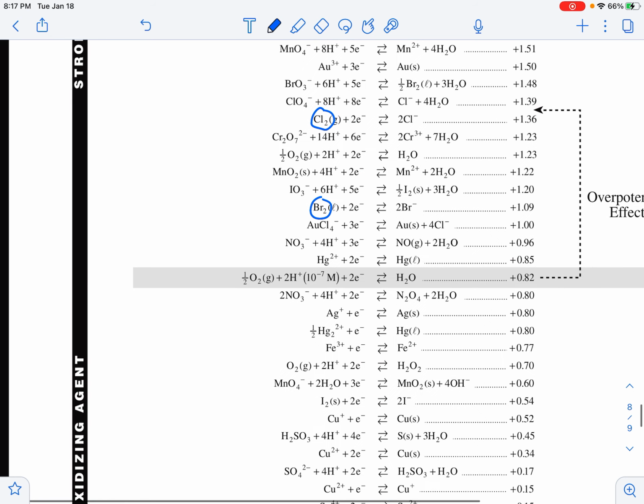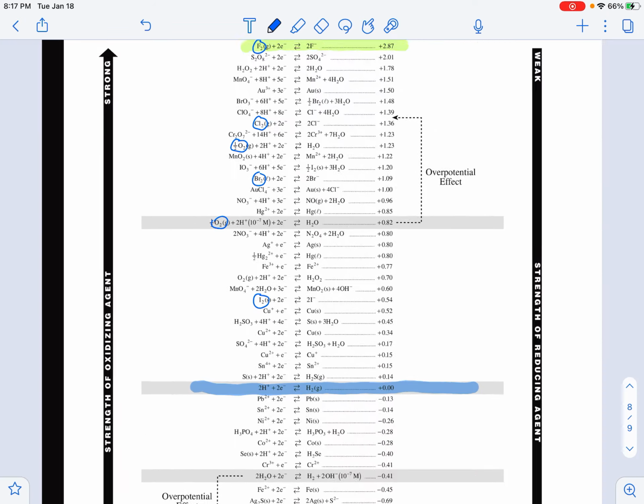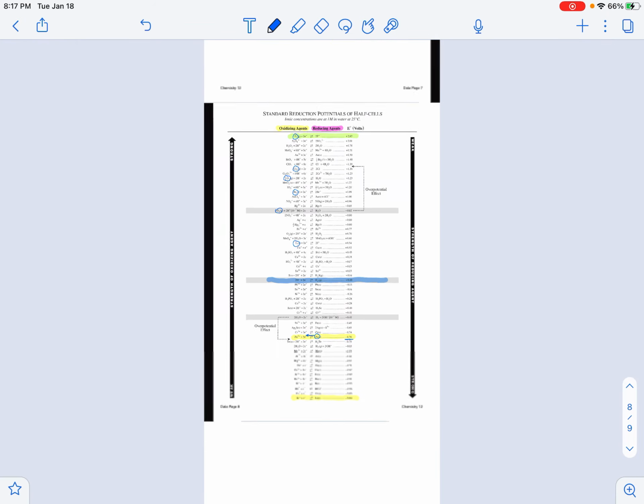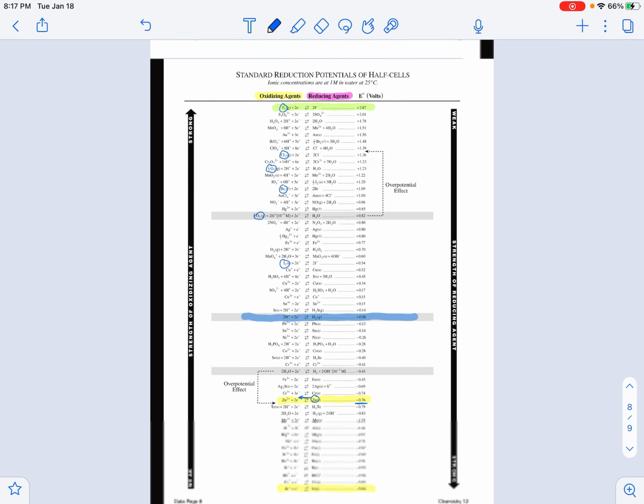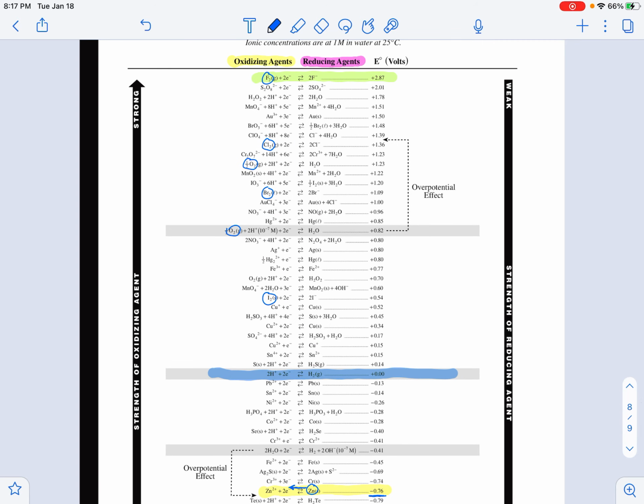Where's oxygen? Oxygen in neutral conditions is right there. Oxygen in acidic conditions is right there. Iodine is not quite as good as the other ones, but there they are right there. So again, top half anyways, on the top left hand side, because elemental nonmetals do have a tendency to reduce.